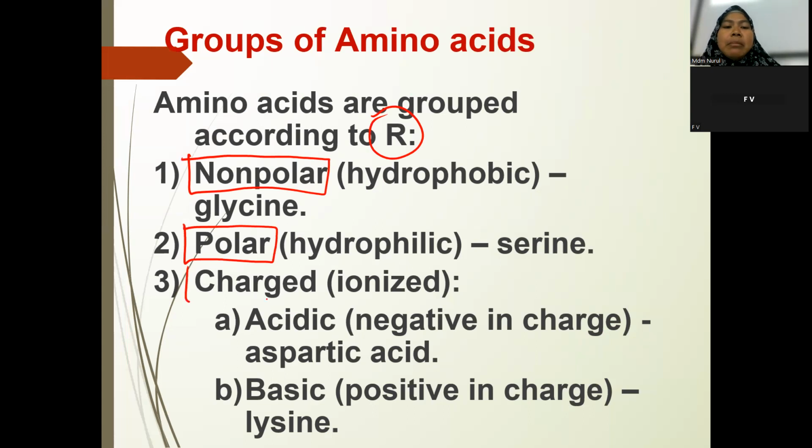Nombor 3, charged amino acid. Under charged amino acid, it's subdivided into 2. Yang bercharge, ionized. 1, acidic. 1 lagi, basic.